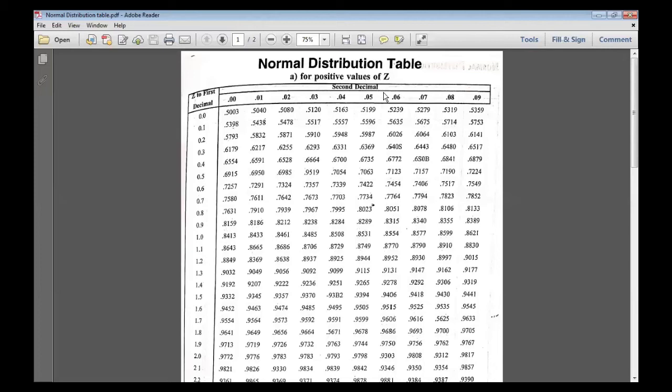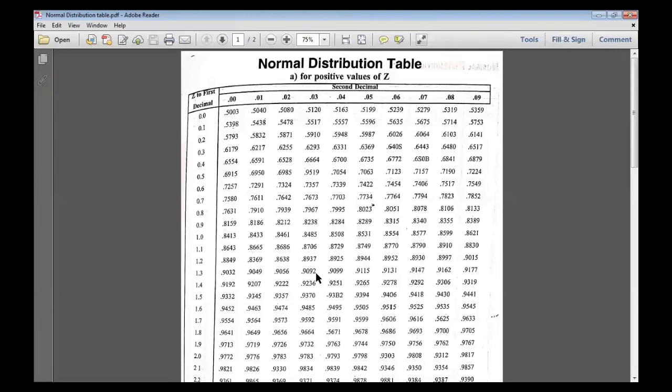Since the value of Z, you got it as 1.33, here 1.3 is here, and you have 0.03. It is 1.33, meaning it corresponds to this value. And hence, if you multiply by 100, we will get 90.92. This is the percentage value.